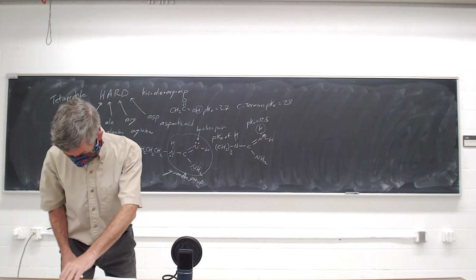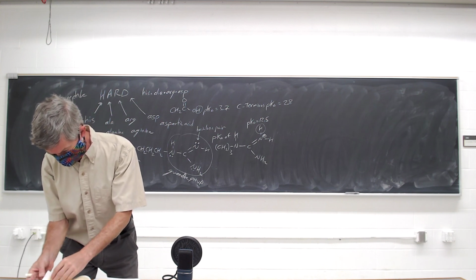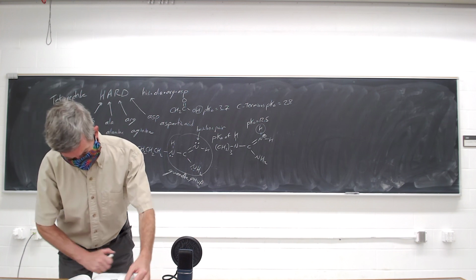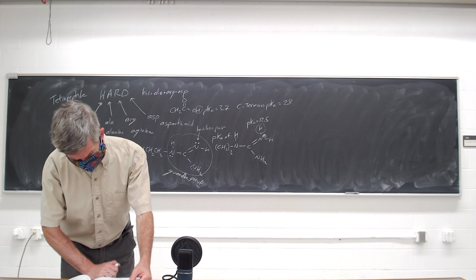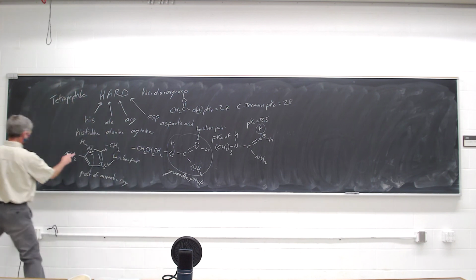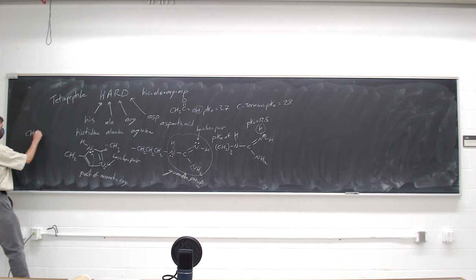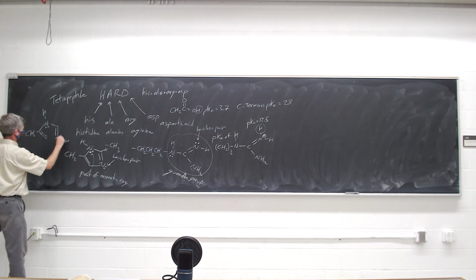And if we look up the pKa of the conjugate acid of that, it is 6.1. So the conjugate acid looks like this. That pKa is 6.1.